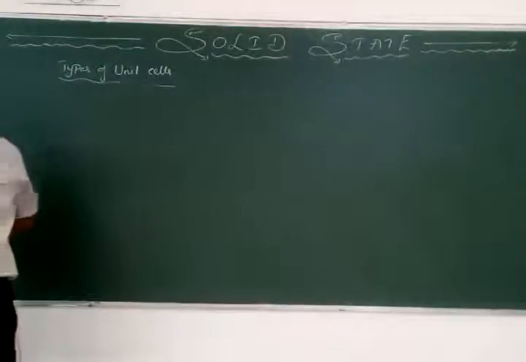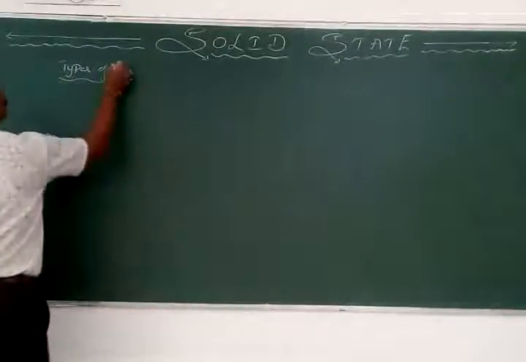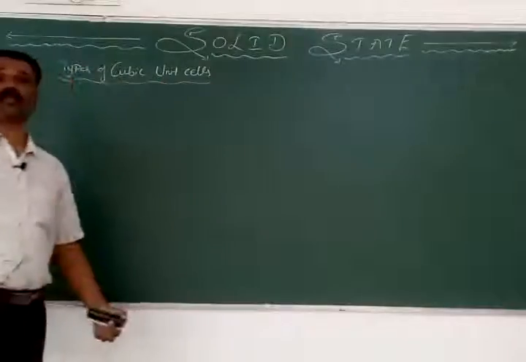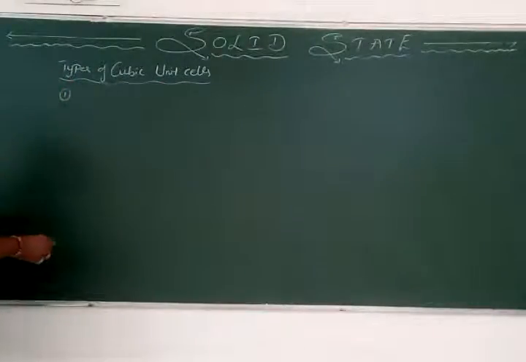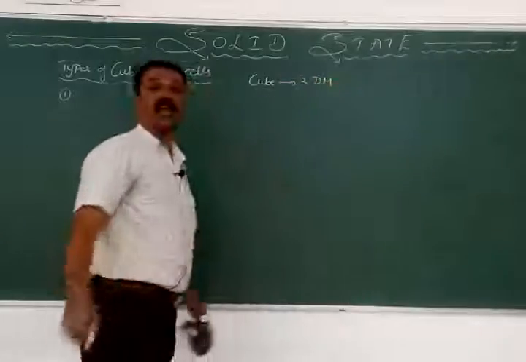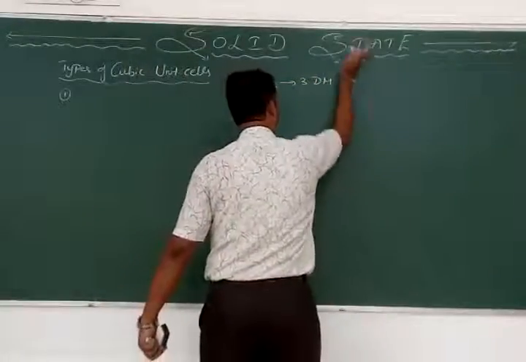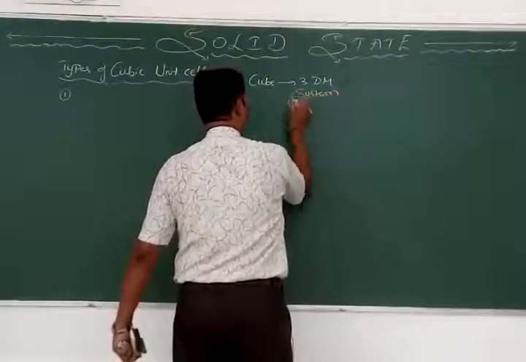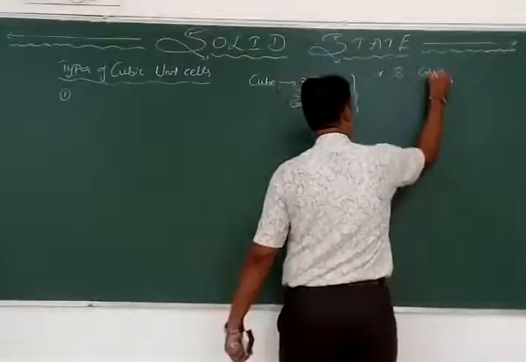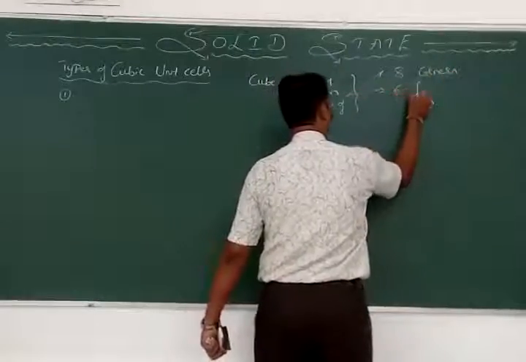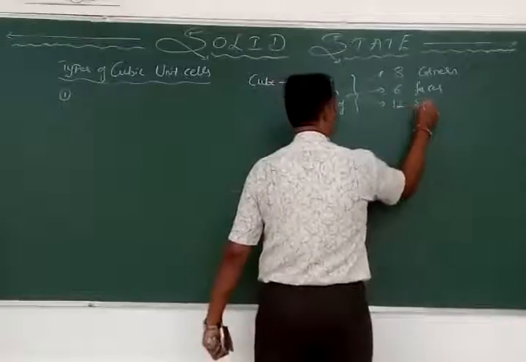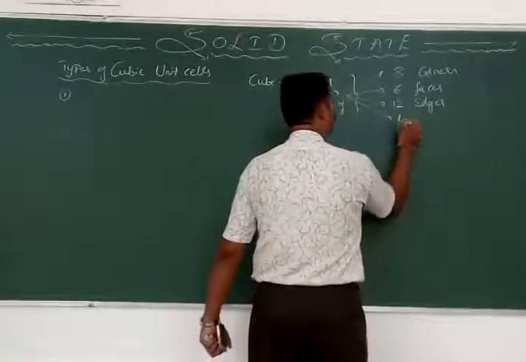Types of cubic unit cells. So here, as per the syllabus, with respect to the cubic unit cell, first, what is a cube? A cube is a 3-dimensional arrangement system consisting of 8 corners, 6 faces, 12 edges, where length is equal to breadth is equal to height.